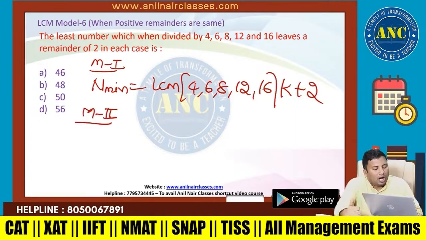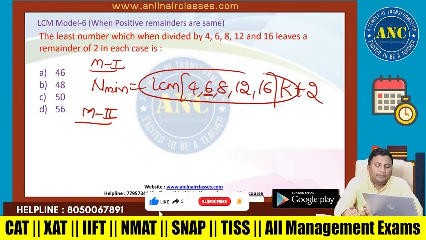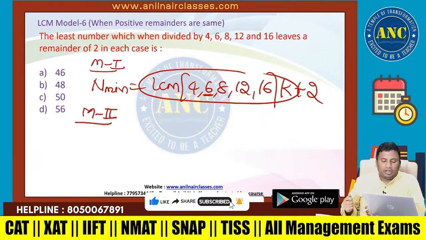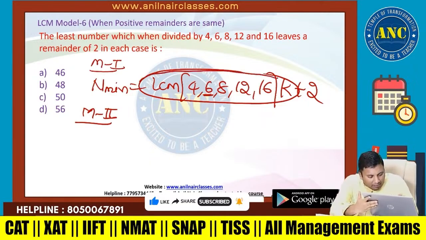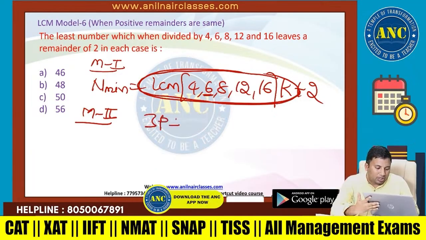Method 2. How to do method 2? Can I say that this entire number is divisible by 3? Are you all with me? 6 is nothing but 2 into 3. This entire number is divisible by 3 and it gives a remainder 2.